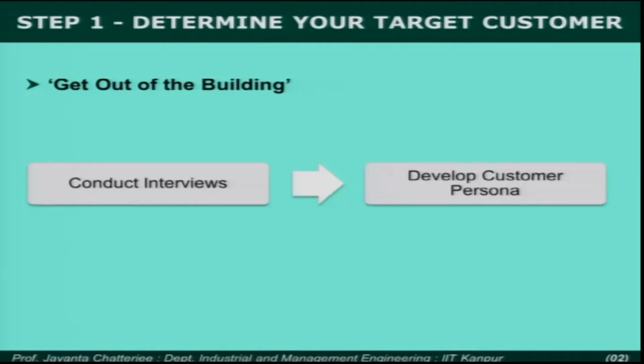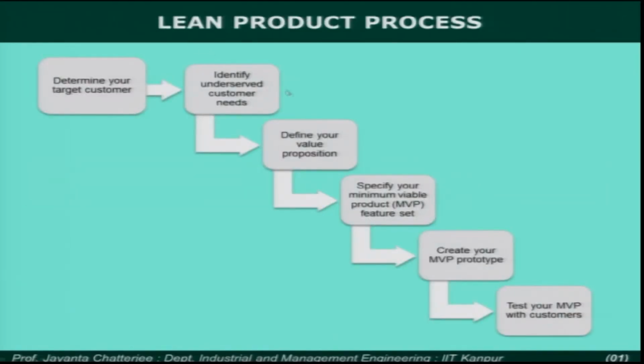So, the key point here we are saying is that which is there right in the beginning in the set of steps, that after you have the value proposition, you have the brief, then you come up with this minimum viable feature set, then you create your minimum viable prototype, then you interact with your beta customers and trusted customers, take their input and test it with them, and then come up with a product, and you keep on continuously improving the product by taking their inputs.